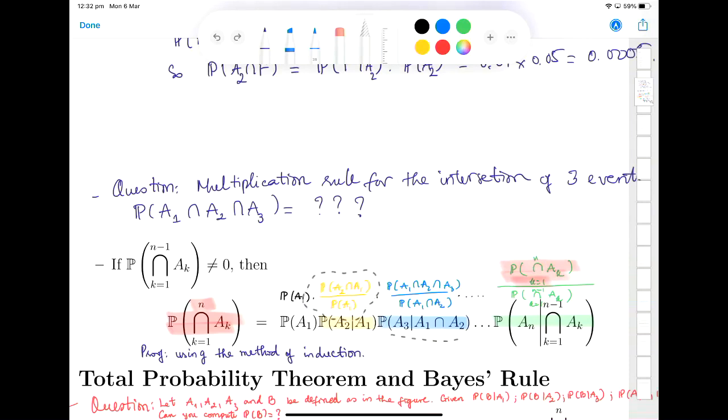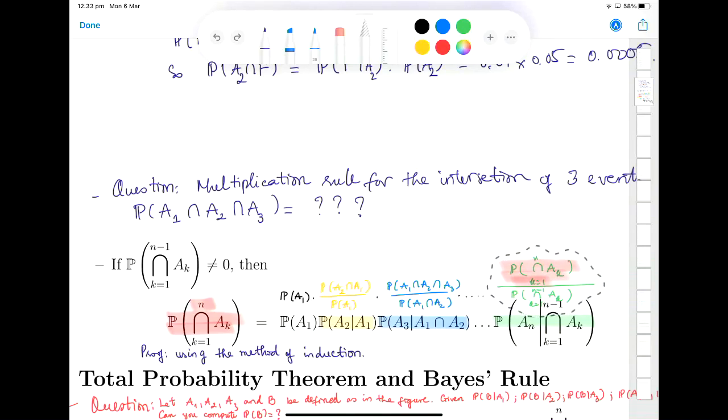And the blue term, from the definition of conditional probability, equals the probability of A1 intersect A2 intersect A3 divided by the probability of A1 intersect A2, right? And so on for the last term, the green term: using the definition of conditional probability, it equals the probability of the intersection of AK for k from 1 to n divided by the probability of the intersection of AK for k from 1 to n minus 1.